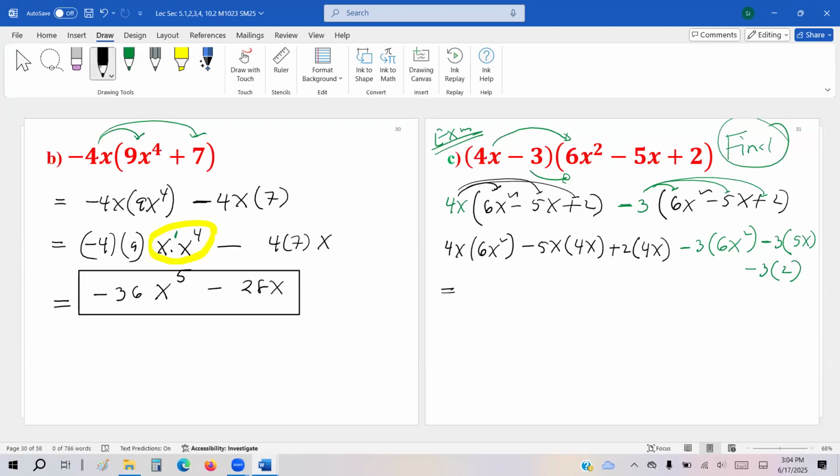Multiply the numbers and add the powers for the variable. So 4 times 6, 24. x times x squared, x cubed. 5 times 4 is 20. x times x is x squared. Here we have only numbers, so 8x.